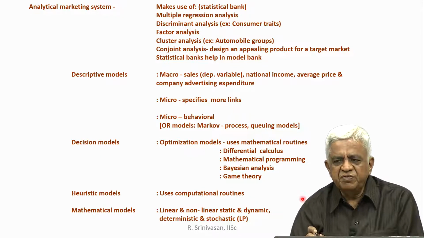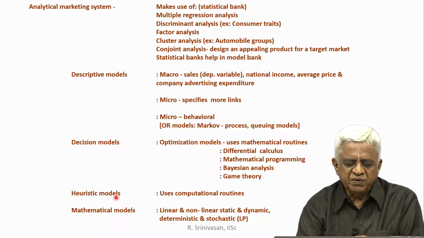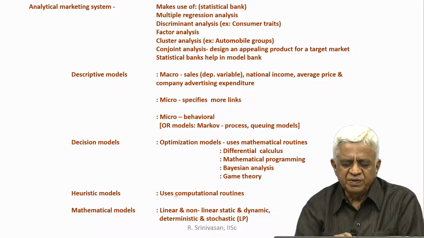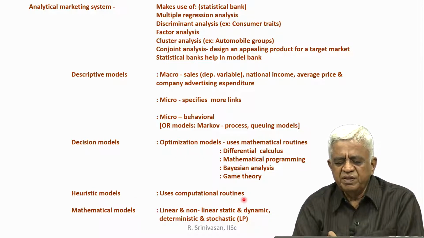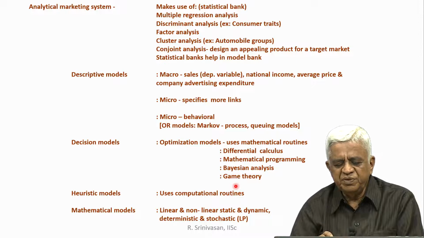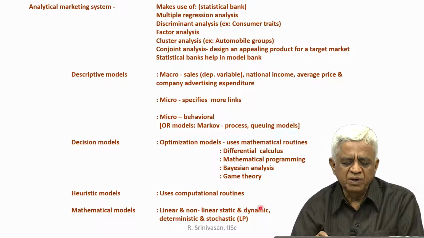The other types of models that you can make use of is what is called the heuristic models. What is this heuristic models? They make use of computational routines. Many times you write an algorithm to solve a particular situation.